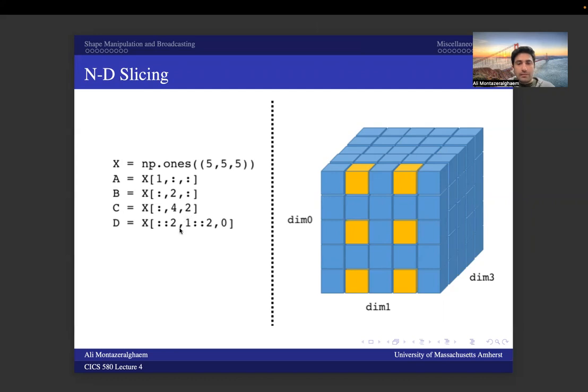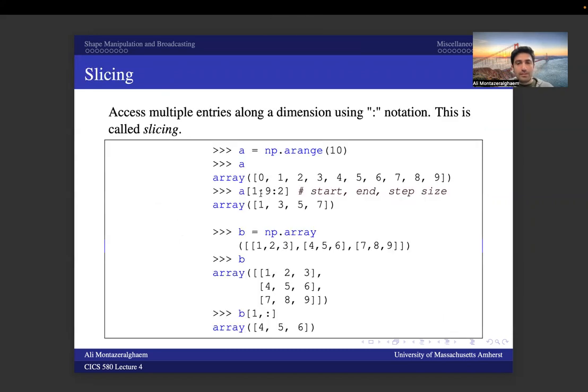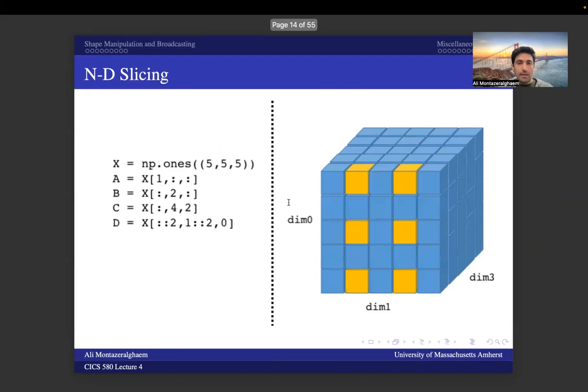Also, you can include the step size, as I mentioned here, because after the first index, if you have a second colon, it means that you want a step size for accessing elements in the matrix. So here we said that I want all elements in all rows by step size 2.